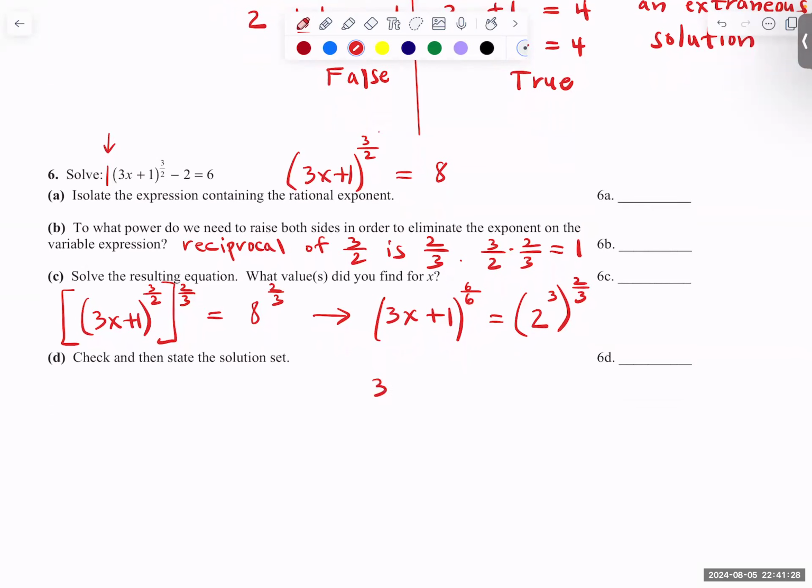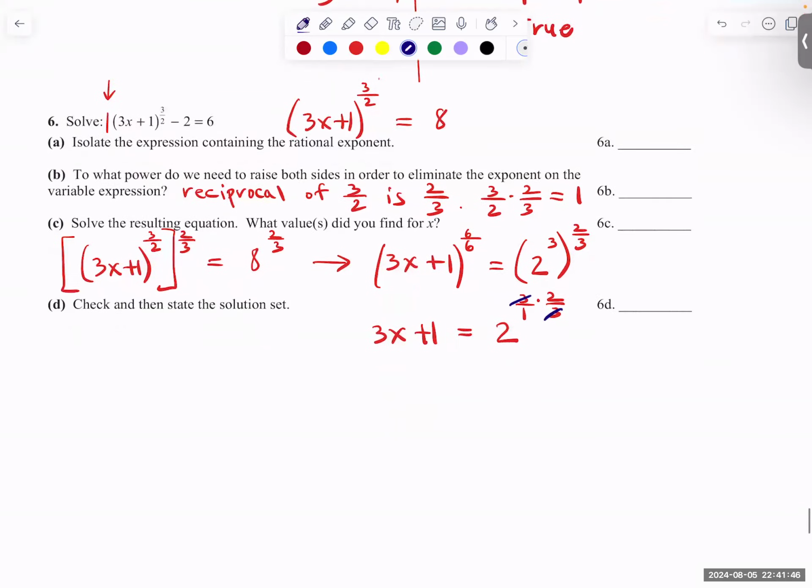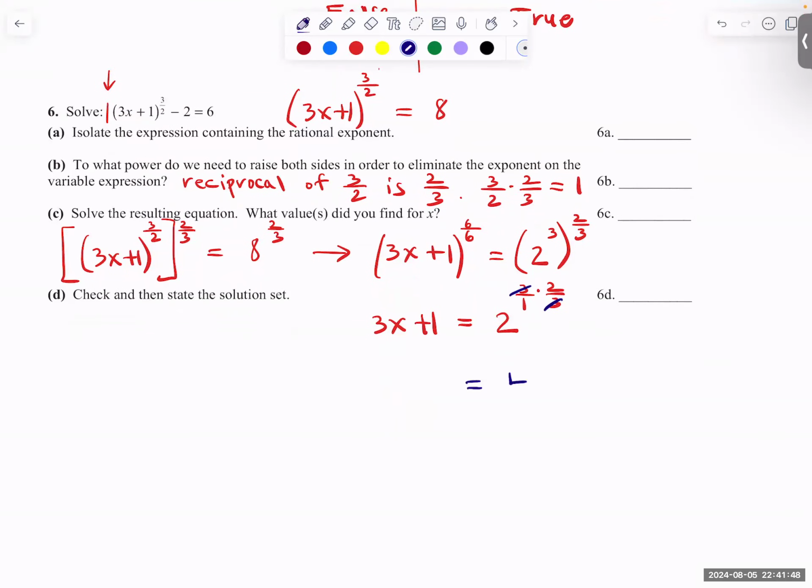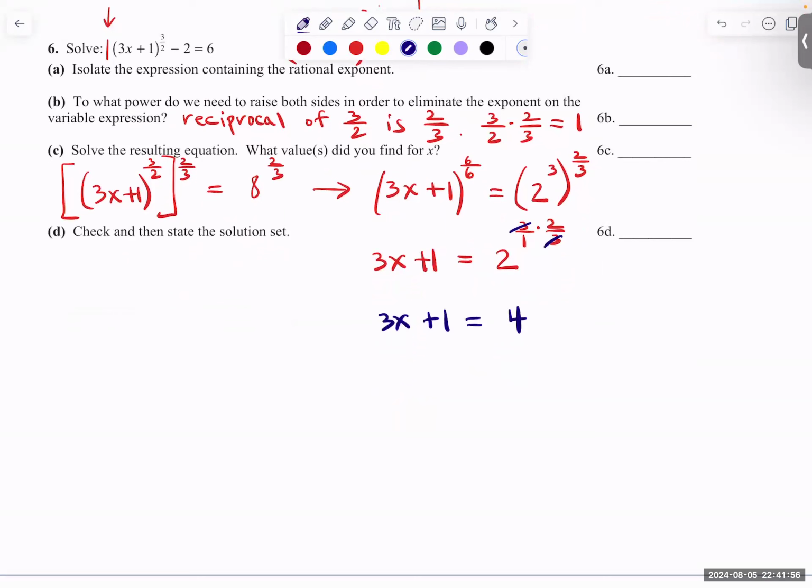So we get 3x plus 1 is equal to base 2, and then with mental math, or you can write it down, 3 times 2/3 is a product such that the 3's will divide and cancel out. So you get 2 squared, which is 4. So we have 3x plus 1 is equal to 4. So subtracting 1 from both sides, we have 3x equals 3. We propose that x equals 1.